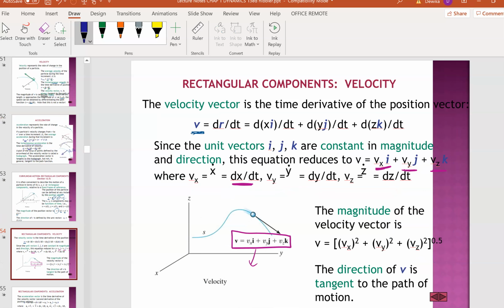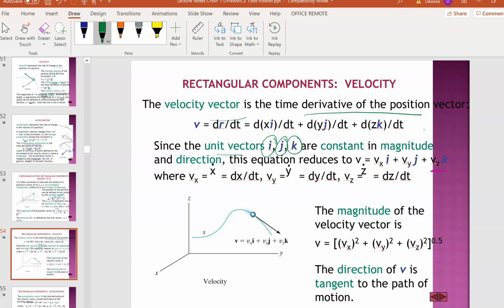Okay, so now we're going to move on to the rectangular components of the velocity itself. Like what I've told you, the velocity vector is the time derivative of the position, and then the unit vectors, remember what we have done in statics, i, j, k represent axes x, y, z.